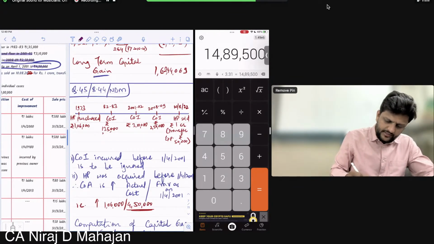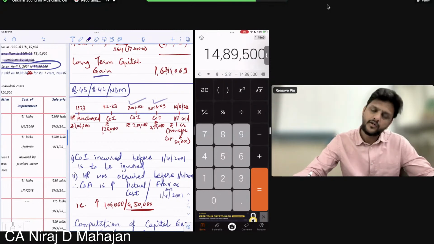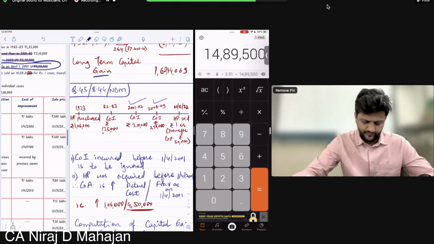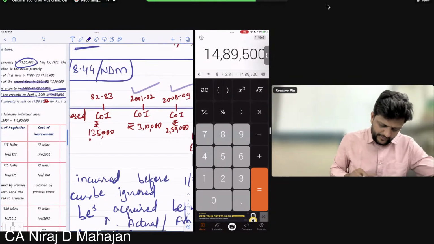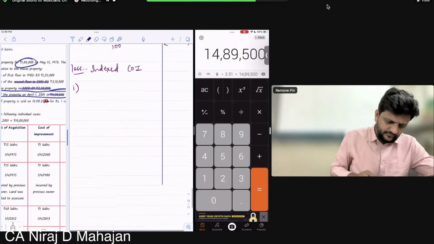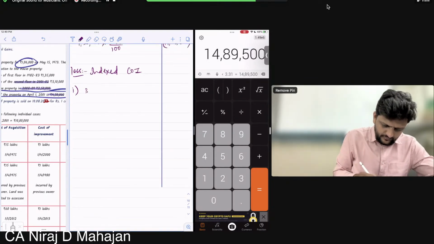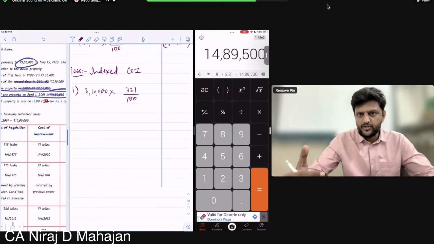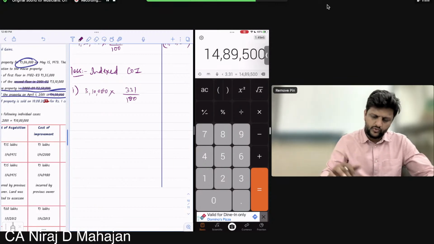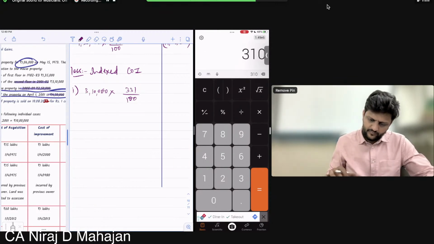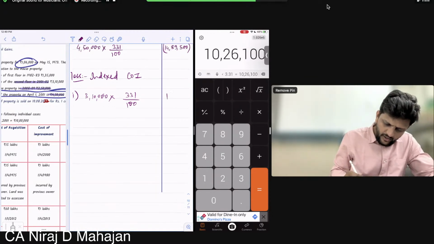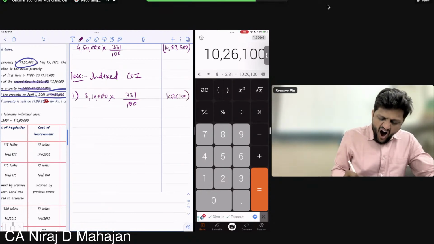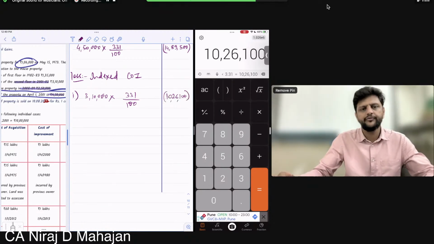Then we'll take this and this, है ना? First one is done बच्चों when 1-2 itself, है ना? 2001-2. 1-2, fine. So 3,10,000 spent at that time. Into again 331 upon 100. But why divided by 100? Because an expenditure was done in 2001-2. Ten lakh 26,100. Yes, Celia, all of you.